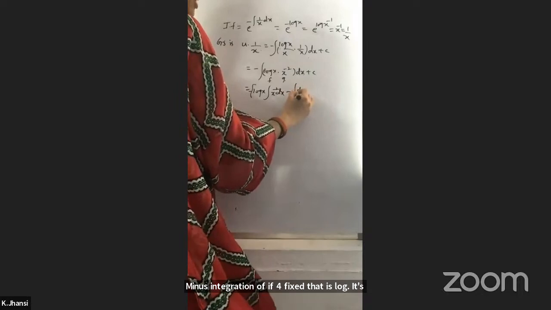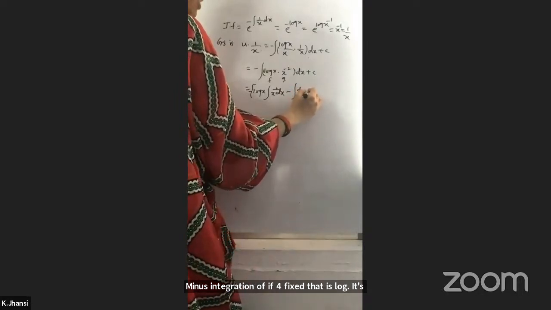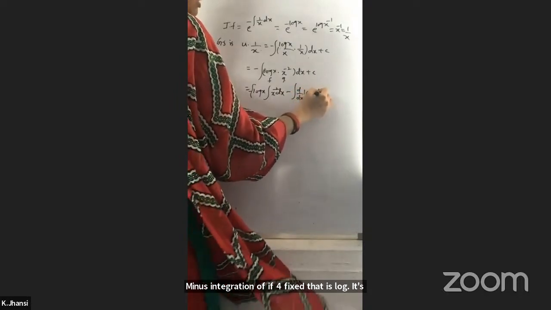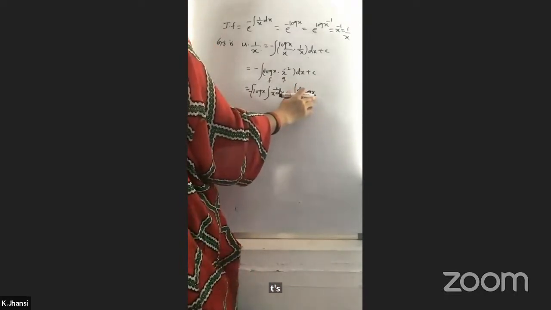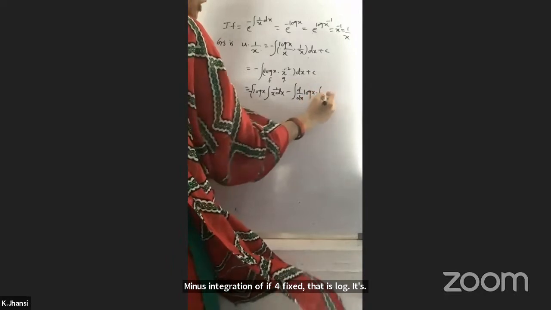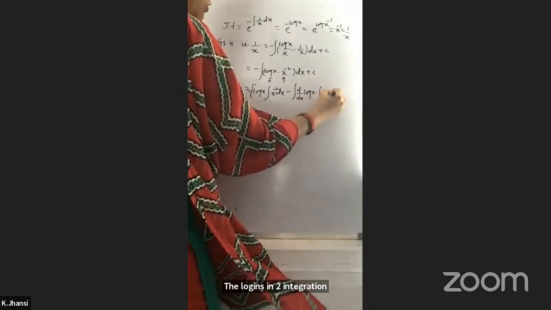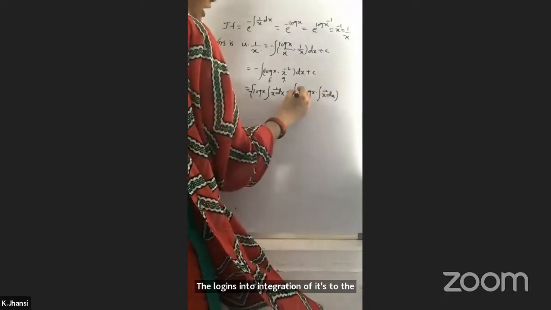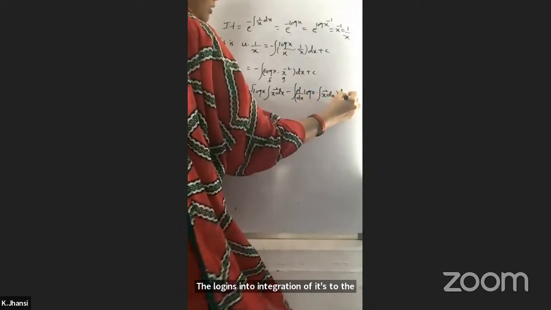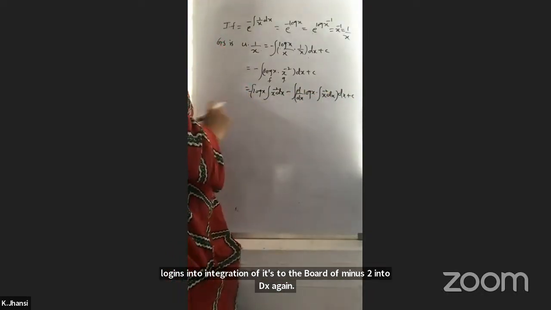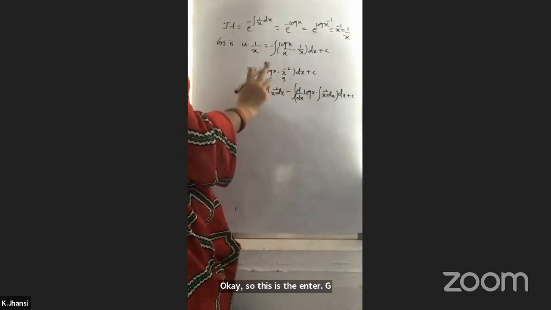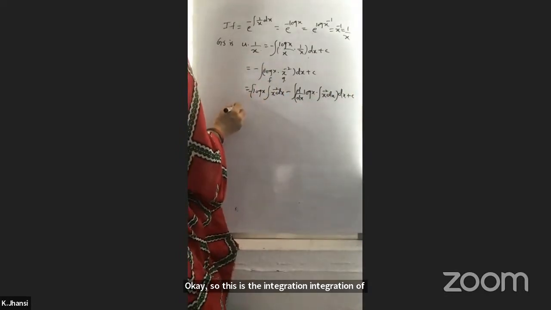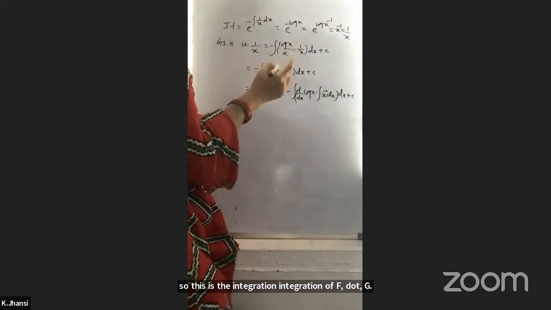If you have any doubt, you can write d by dx of log x into integration of x to the power of minus 2 dx, again whole dx plus c. So this is the integration of f dot g. Already I have told in the introduction, so collect it from that formula.